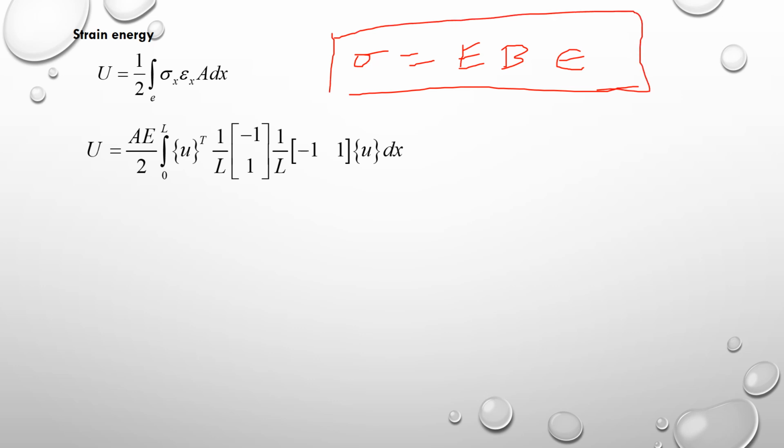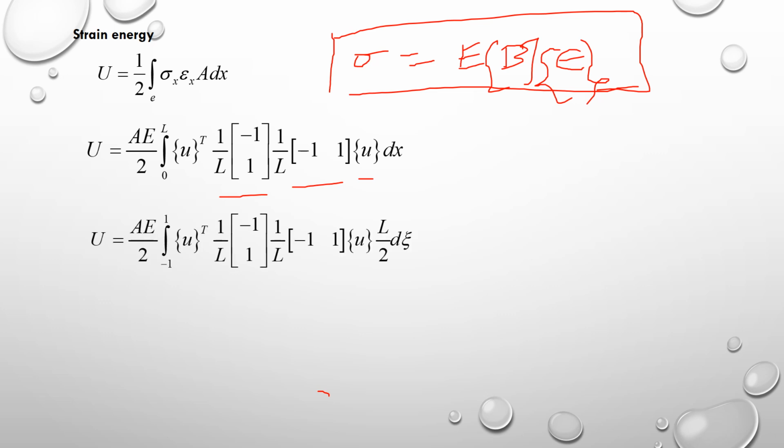So we substitute this equation in the strain energy form. This gives Bᵀ E B U dx. Here the volume is A times L, and E is the material property.